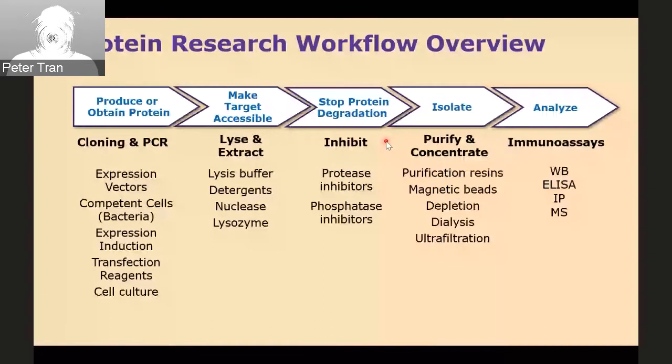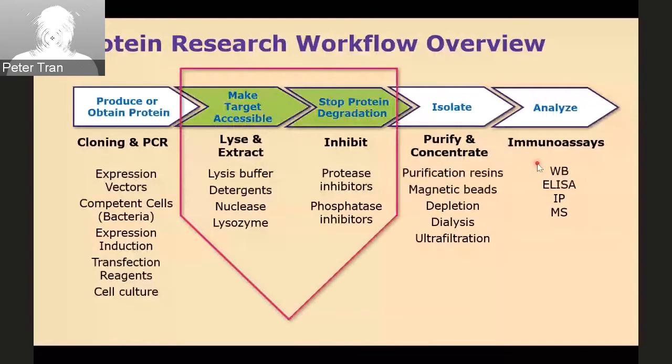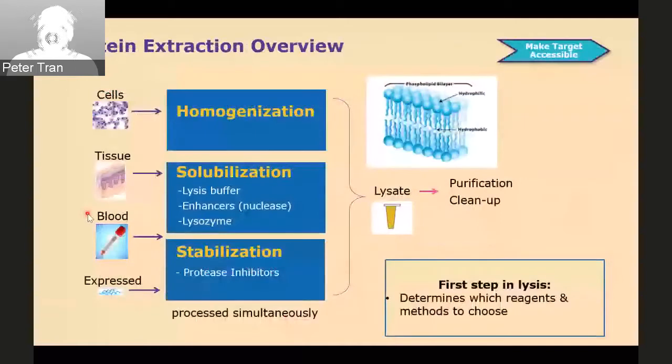The first session I'm going to talk about today is protein extraction and protease inhibition. The protein extraction overview: we start with cells, tissue, blood sample, serum sample, or expressed protein, right? There are three different steps we need to do for the extraction.